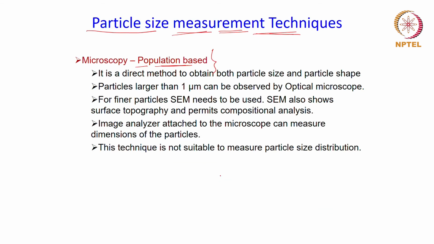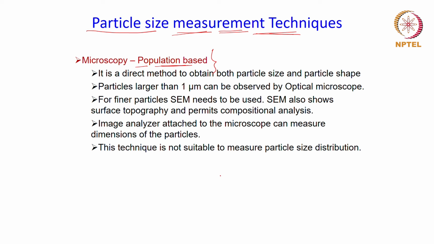First of all, the particle size techniques use a particular basis to do the analysis of particle size measurement. That is the first important point to note about particle size measurement.